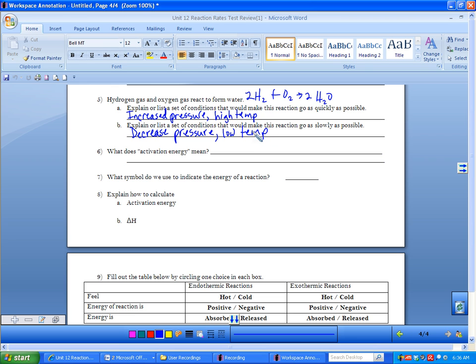Okay, number 6 says, what does activation energy mean? And the best thing to say is it's the amount of energy necessary for a reaction between particles to occur.